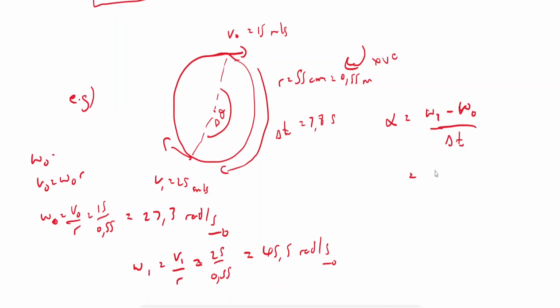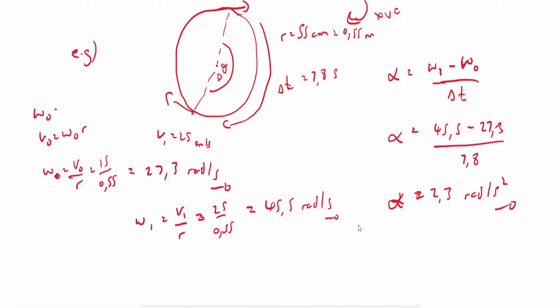So over that time, that's going to be 45.5 minus 27.3, and then this is divided by 7.8. So my alpha in this case is given by 2.3. Okay, so you could find that. Let me just verify this one if I'm correct. Okay, it's correct.